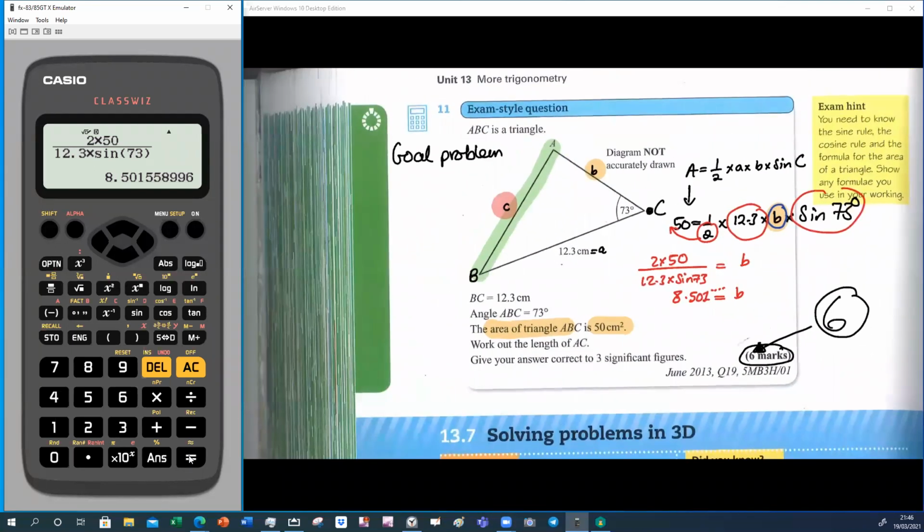So let's see how we do the next calculation. It's the nice situation where we now know this side and the angle in the middle.